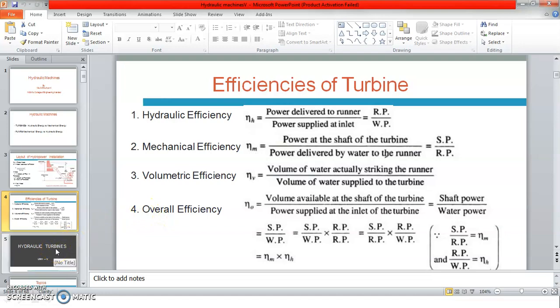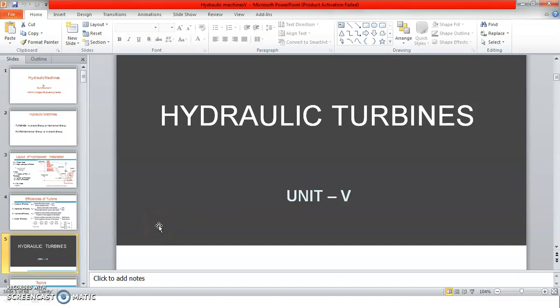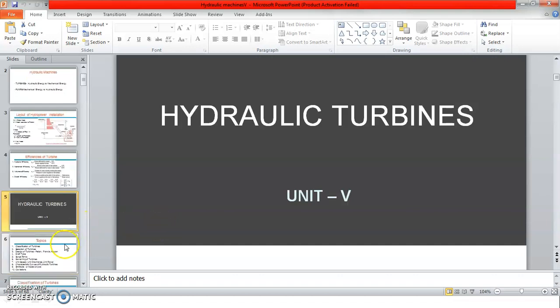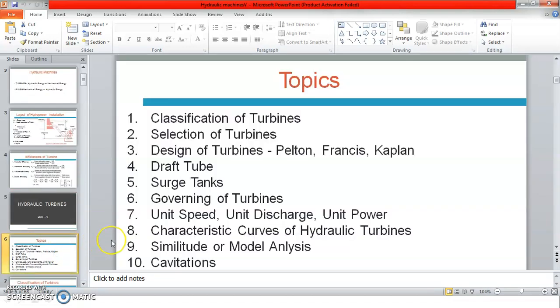Okay guys. Now next we'll start with the actual concept of hydraulic turbines. In this we are going to cover these topics: classification of turbine, selection of turbine, and design of turbines. In design of turbines we have three types: Pelton, Francis and Kaplan turbine.